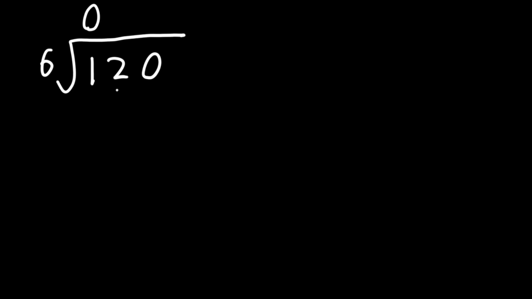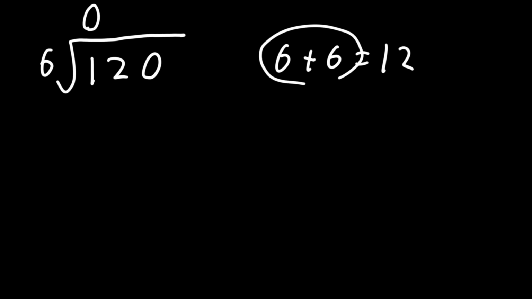Now we have to take a look at the next number and add it to the first number. So how many times can 6 go into 12? 6 on its own is just 6. If we add another 6, that equals 12. Notice how there's 2 6s, so that means 6 can go into 12 two times.